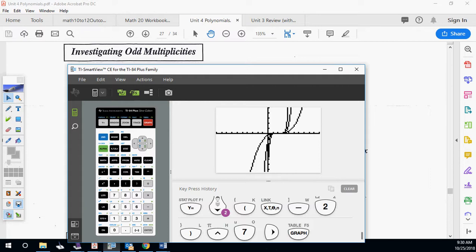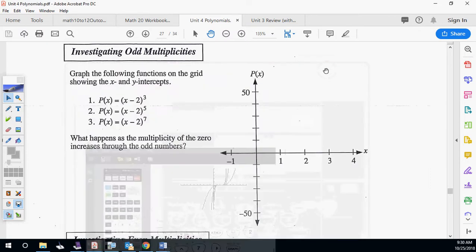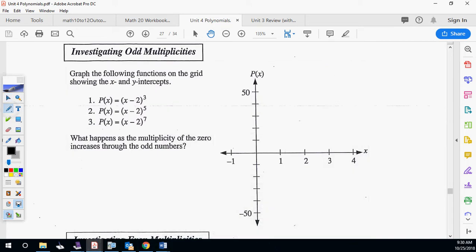You can say a stretch, but one thing stands out to me pretty big is that as I do a multiplicity, if you think about foiling that out, for sure what's going to change is that n number, that y-intercept number. So if I do cubed, what's the y-intercept going to be? Not 6. You're just doing a silly mistake. 8.